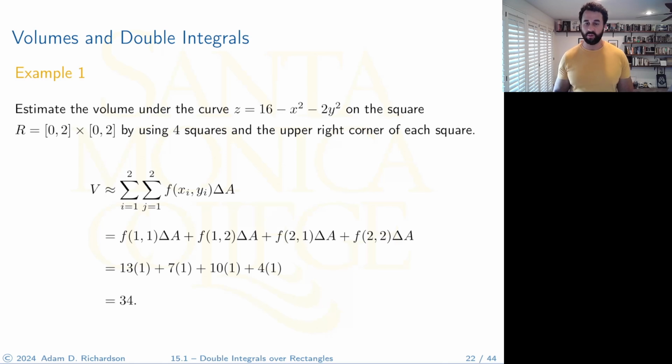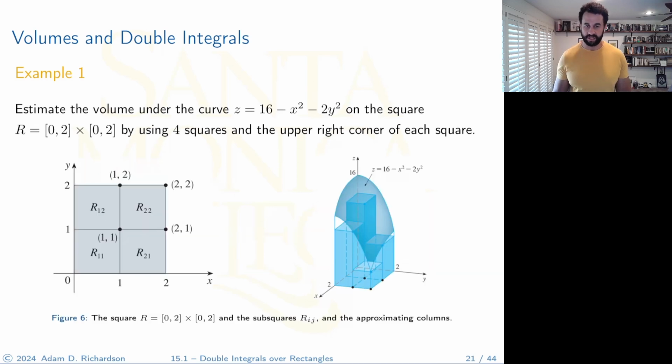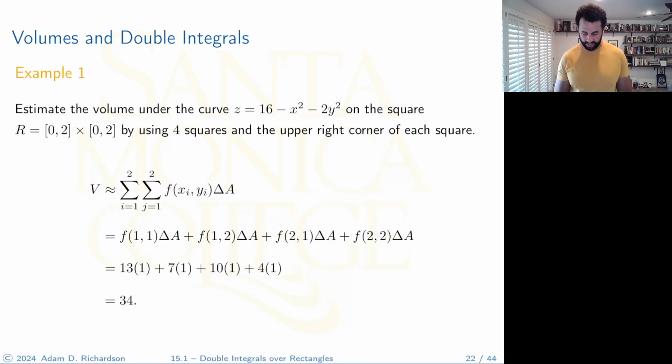The area of each one of these subsquares is 1. This is delta A in each case. And you can also see that in the picture here. This is a 1 by 1 square. It's a unit square, so its area is 1. All right, so 34 is an estimate of the volume. It's not the exact volume, but it's an estimate, and it's a pretty rough estimate, right?